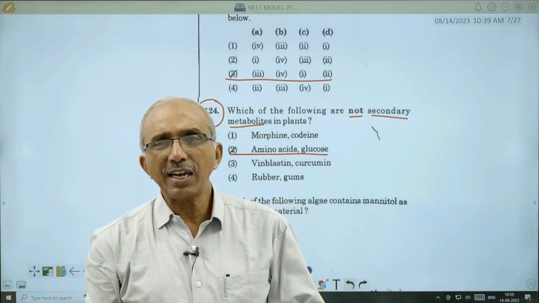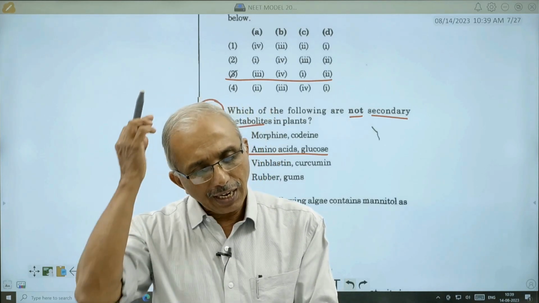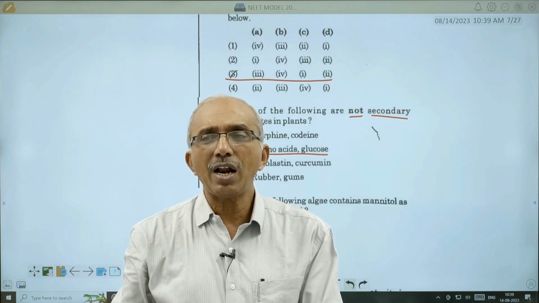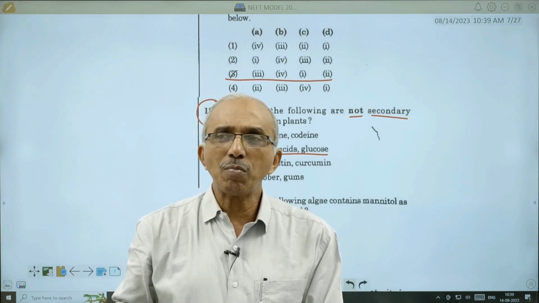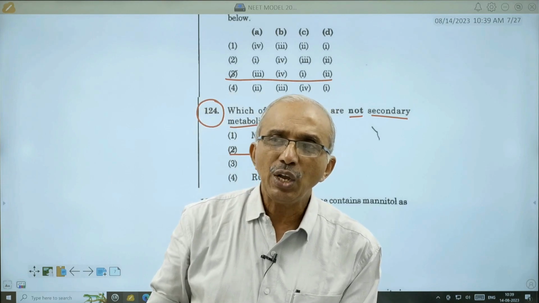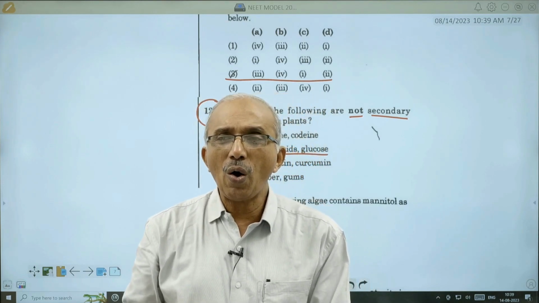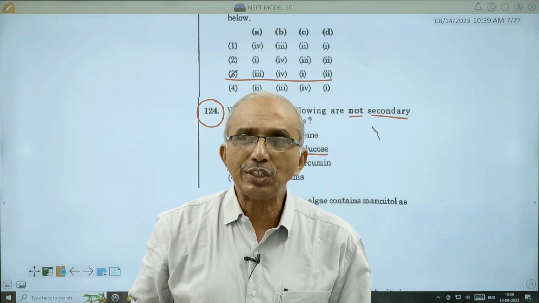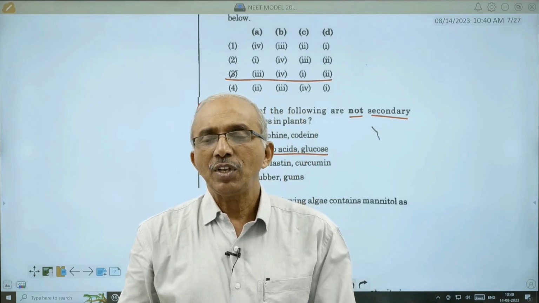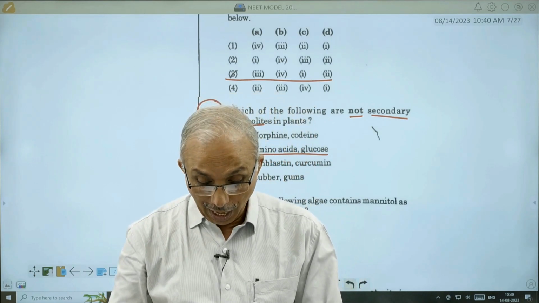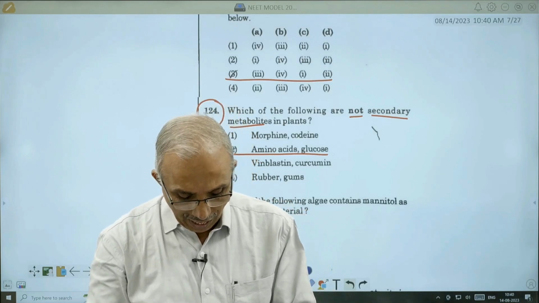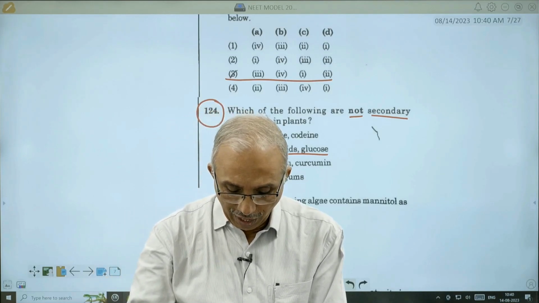What are secondary metabolites? Secondary metabolites are chemicals or molecules having no role in the physiology of the plant.